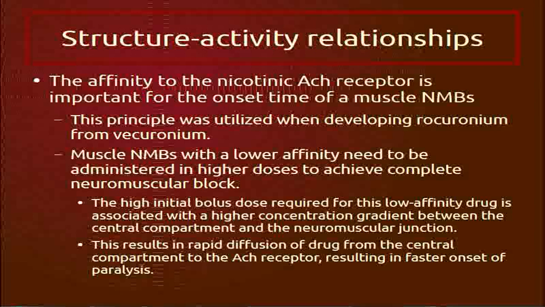Maybe a little less, but because it's formulated so concentrated, I know that rocuronium is not as potent as vecuronium, meaning that I have to give higher concentrations. But what do we learn about higher concentrations and onset? It's a quicker onset, and this drug doesn't like to bind as well as vecuronium, and it has a quicker offset. So rocuronium ideally has a quick onset and a relatively faster offset.